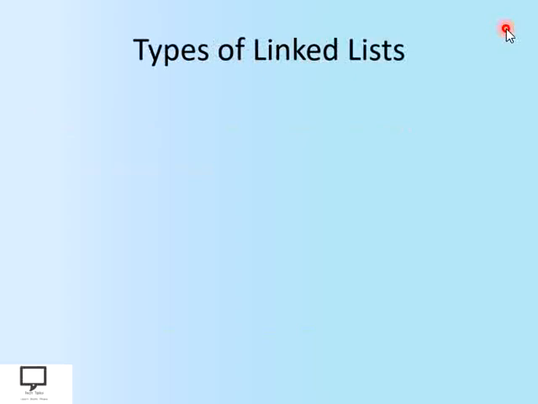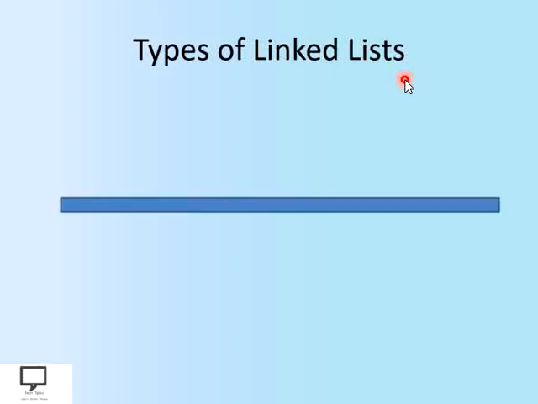Now let's move forward to the next slide, where I am explaining the types of linked list. Which different types of linked list are there? First of all, the first example is a singly linked list. The name itself suggests something: it is a linked list where something is single, and that I am going to explain over here.